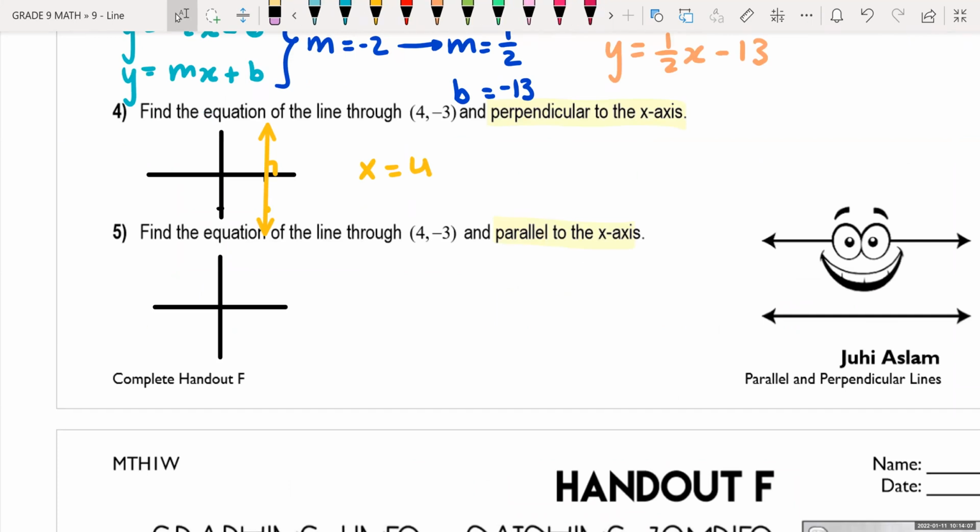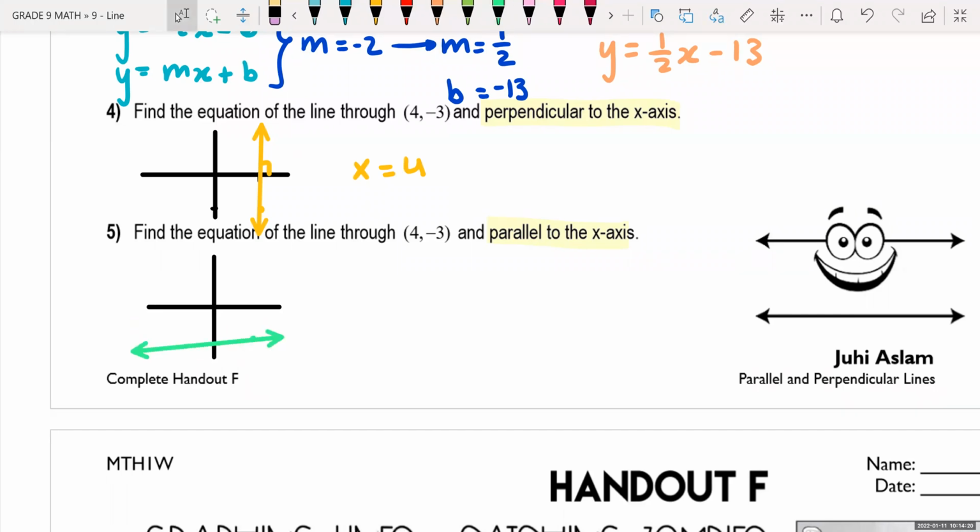So it's going to be 4 comma negative 3. It's going to be approximately there. And this time you're parallel to the x-axis, which means it's going to look exactly like the x-axis. Now I didn't write in the numbers because it gets a little messy, but just know that on the x-axis, you're going 4 across and then you're going -3 down.